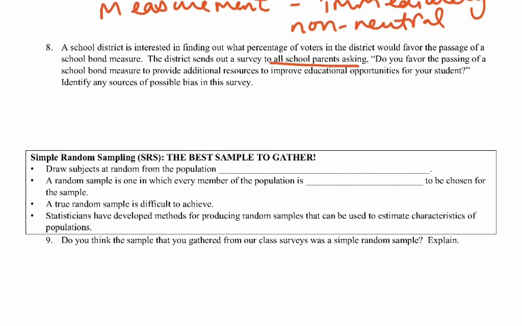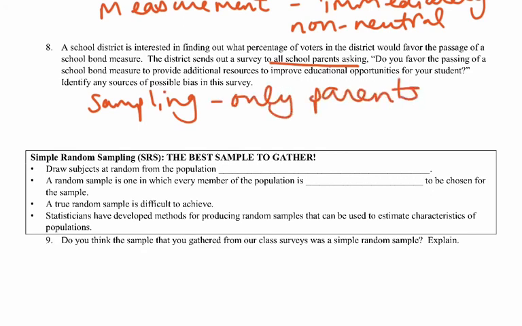What could be some biases here? Well, first of all, we've got a sampling bias. Why do we have a sampling bias? Because only parents were asked the opinion. People that don't have kids in the school system might have a completely different opinion. And so it certainly doesn't represent the population of all voters in the district.